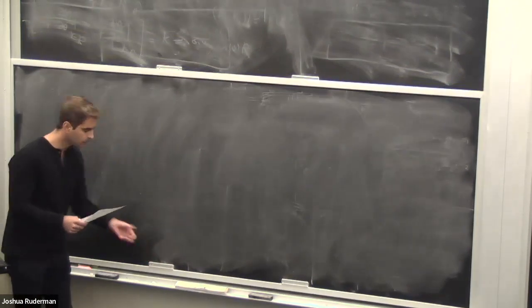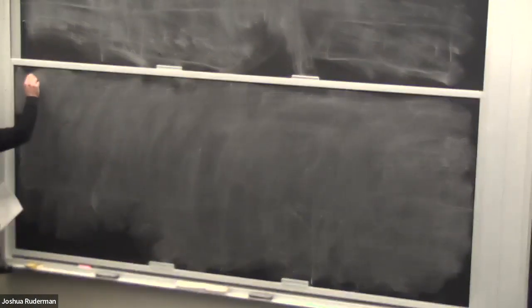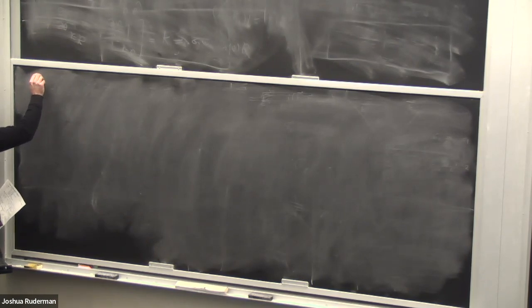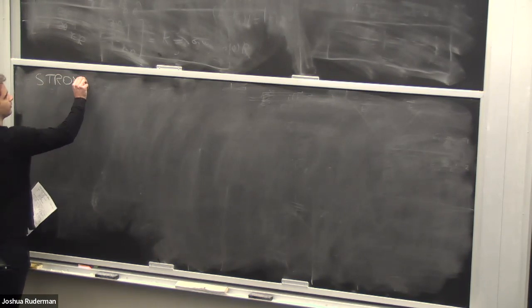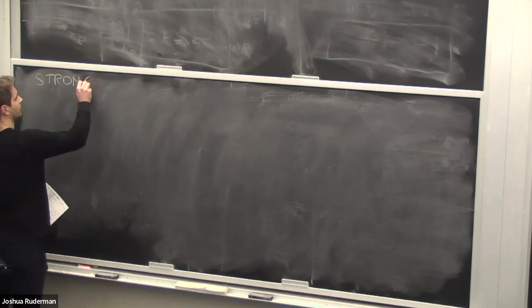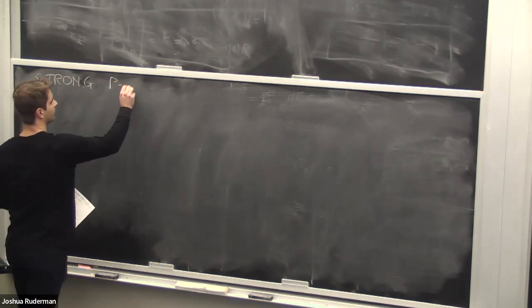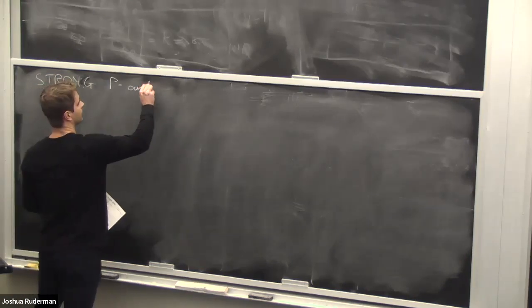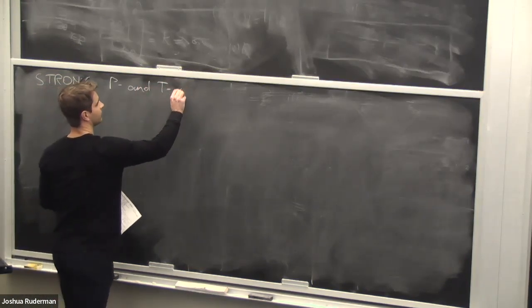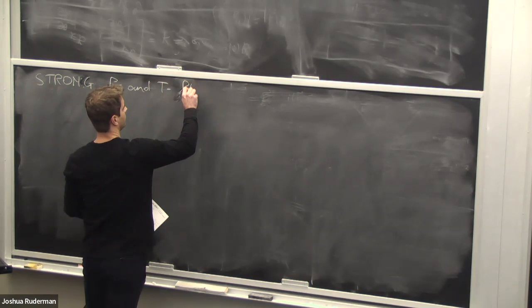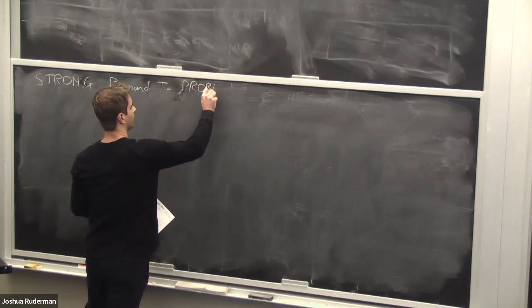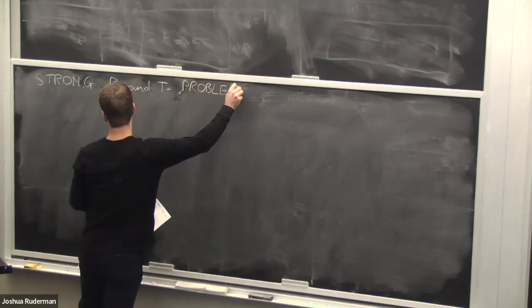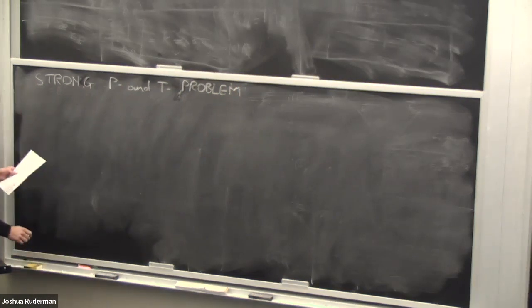So, the strong CP problem. It's actually more appropriate to call it the strong P and T problem instead of the strong CP problem. I know I'm not supposed to write down a Lagrangian, but let me do it anyway.